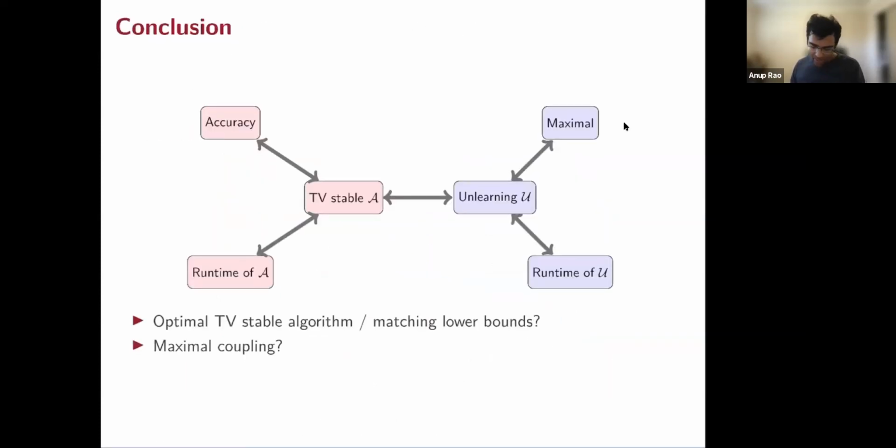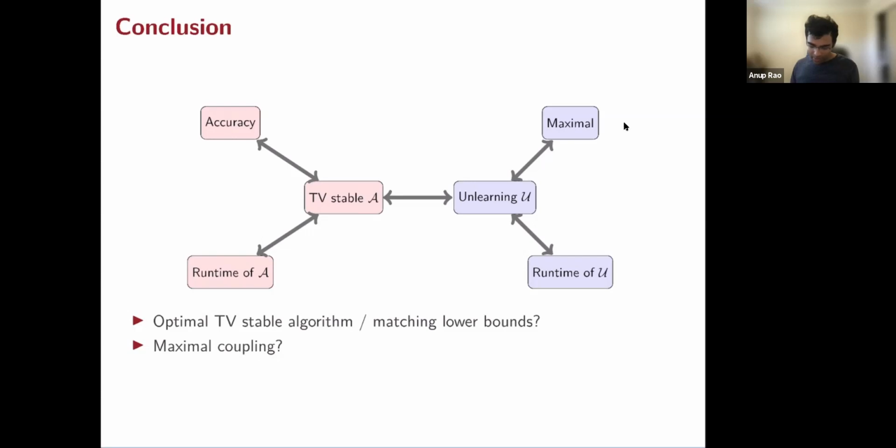And yeah, that's all. To conclude, the framework is we want a total variation stable algorithm. And that algorithm has to trade off between accuracy and stability. And the training time should be optimal. And we have an associated unlearning algorithm that tries to construct a maximal coupling or an approximately maximal coupling, and which can also run efficiently.